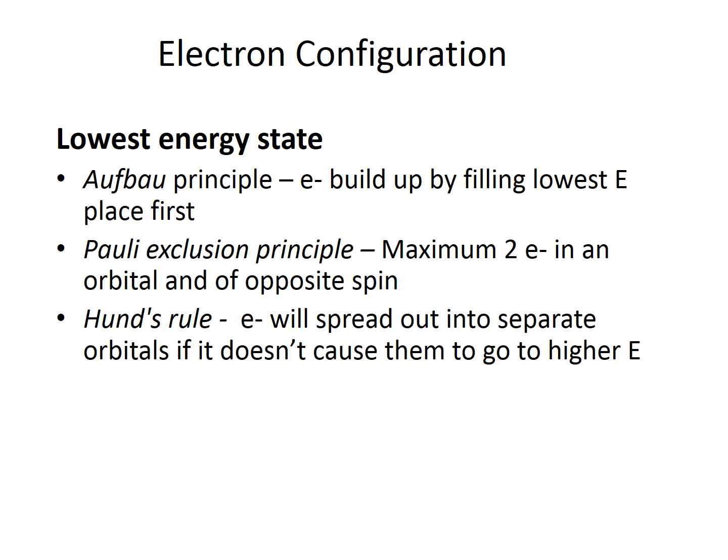And then Hund's rule is electrons will spread out into separate orbitals if they're all at the same energy. So with 3 p orbitals, 3 electrons will occupy those 3 orbitals separately instead of pairing up in one of those orbitals. It just means they spread out into separate orbitals when they can.